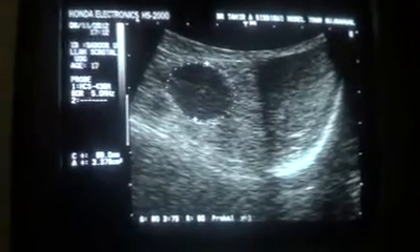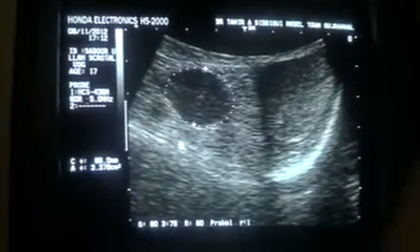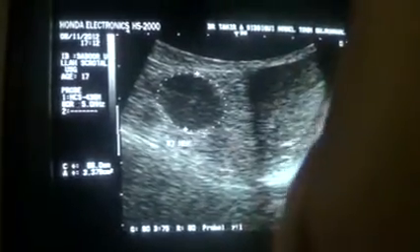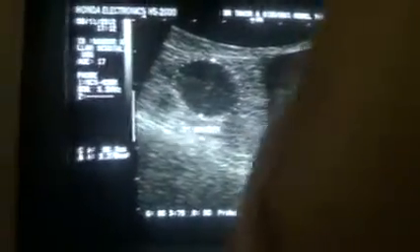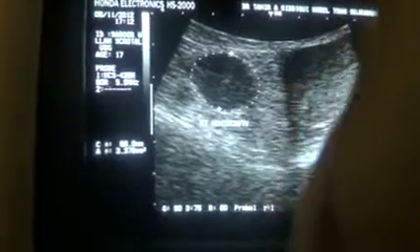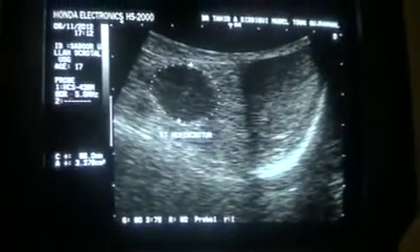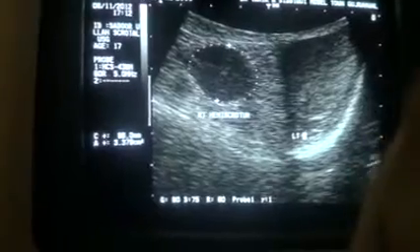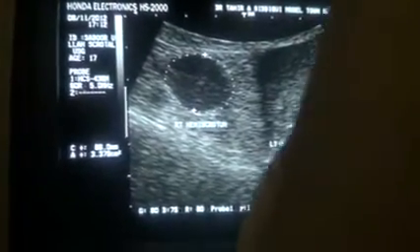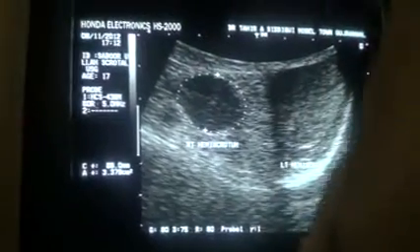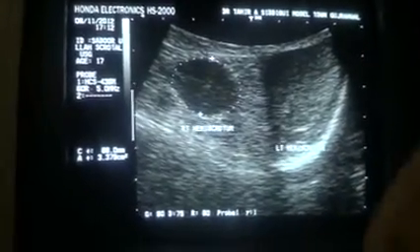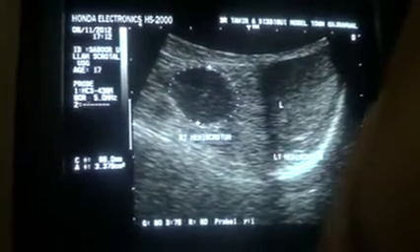This area. This is the right hemiscrotum, and this is the left hemiscrotum, and this is the testis.